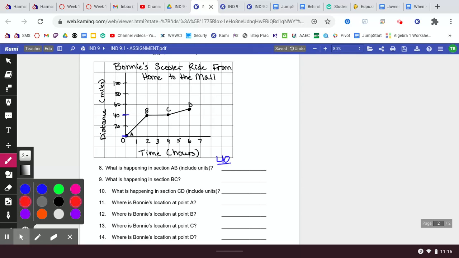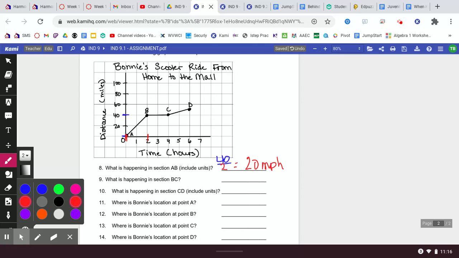And then the time from A to B is 2 hours. And when you reduce that, you get 20 miles per hour. And then that's the 20 miles per hour for how long? We didn't really talk about this much yesterday, but it's 20 miles an hour for how long? For 2 hours.